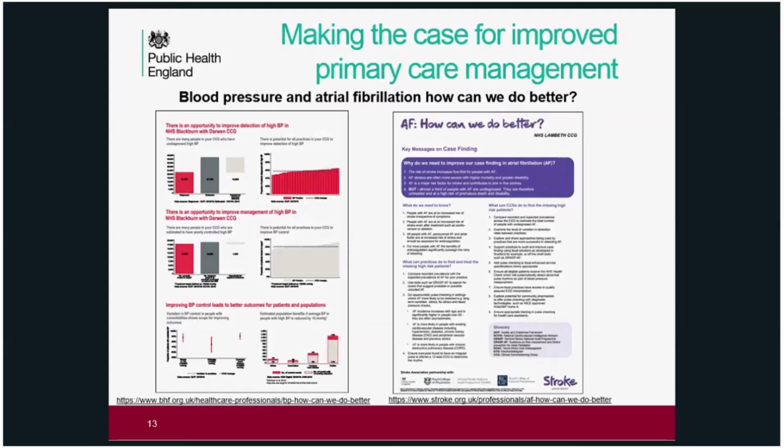The first page contains data about how well the CCG is managing the condition in primary care, and the other 2 pages provide information on how practice can be improved, all based on evidence-based information and interventions. So it's a good place to look for how you can perhaps improve management in primary care.